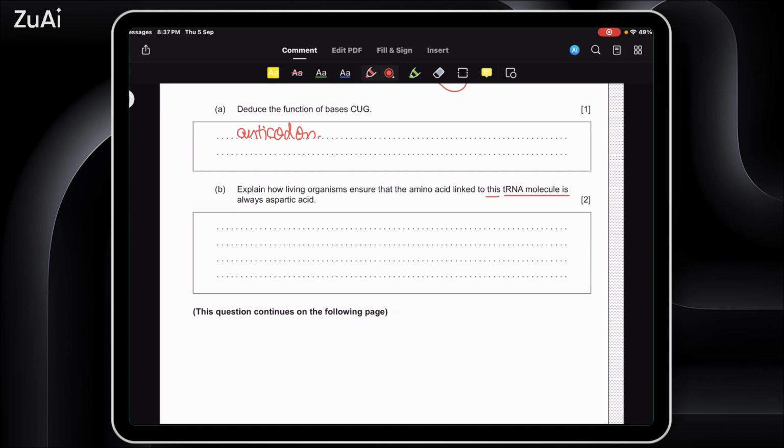Enzymes always ensure that specific amino acids bind to transfer RNA. Enzymes always make sure that the specific amino acid binds to transfer RNA.